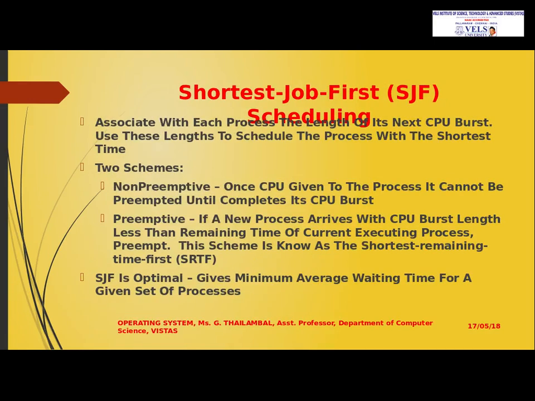And the next algorithm the CPU uses is shortest job first scheduling, SJF scheduling. Shortest job first means whichever job has the shortest burst time will be taken, and SJF can be either preemptive or non-preemptive. What is the preemptive way? Whenever a process is executing and another process comes with a shorter burst time, the process in execution will be relieved and this new process will be executed.